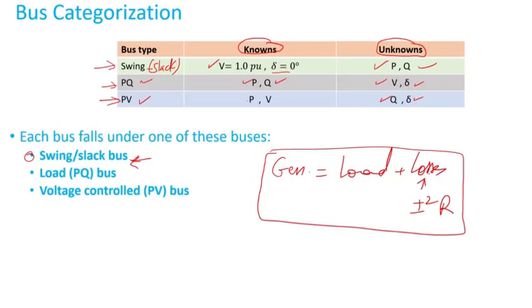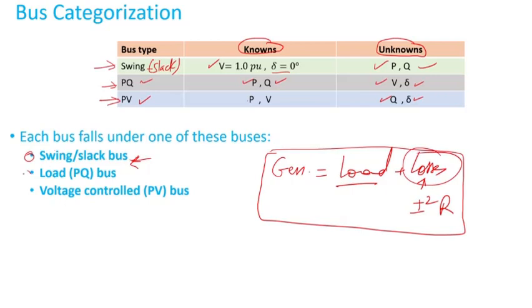So the swing bus will provide any losses, or if you lose one of the generators providing power for the load but the load was not reduced, you have to increase generation. That's where the swing bus comes in.